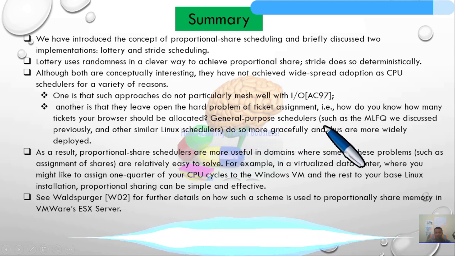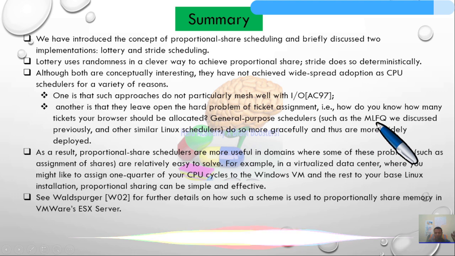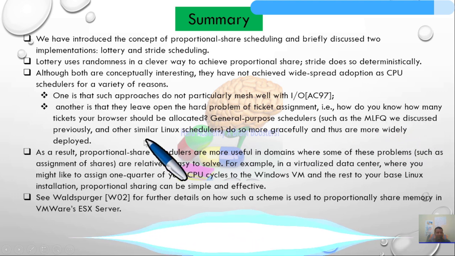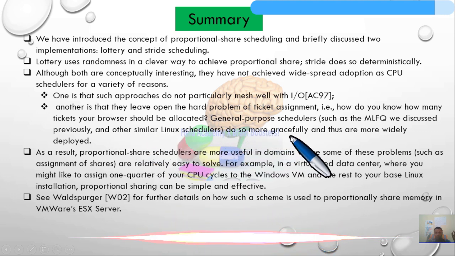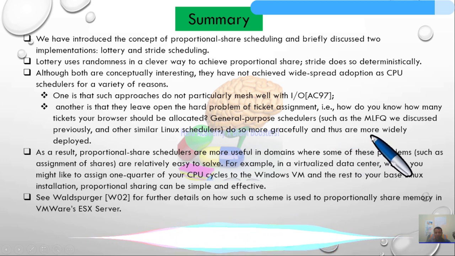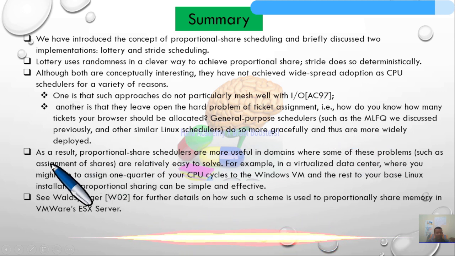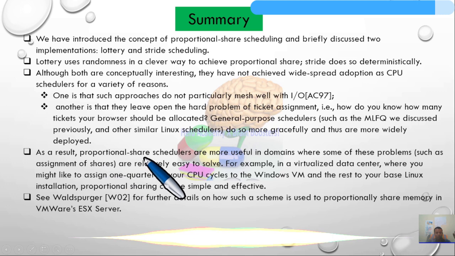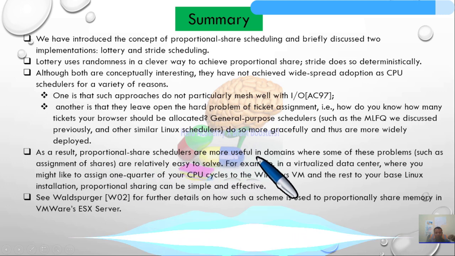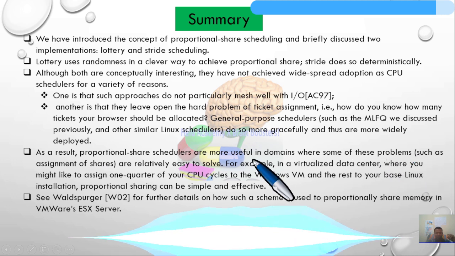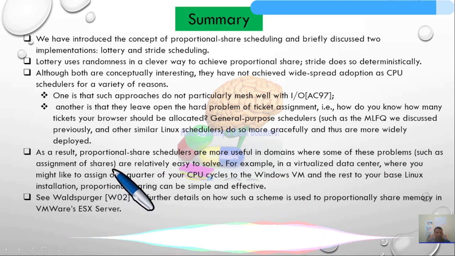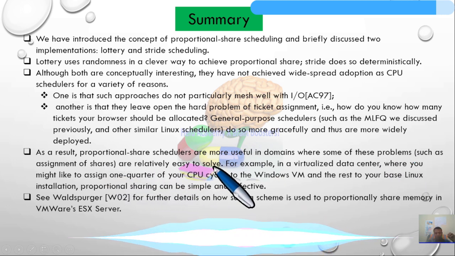General purpose schedulers such as the multi-level feedback queue we discussed previously, and other similar Linux schedulers, do so more gracefully and thus are more widely deployed. As a result, share schedulers are more useful in domains where some of these problems, such as assignment of share, are relatively easy to solve.